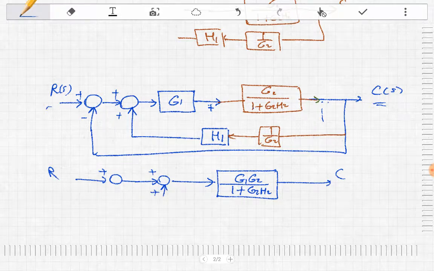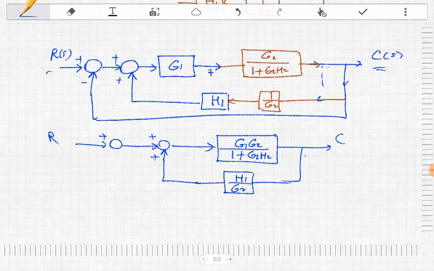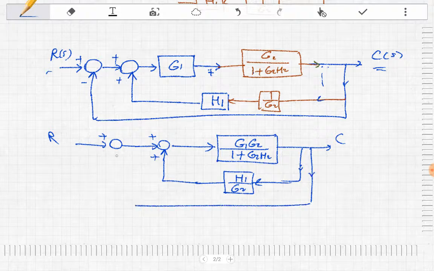And here you have also another series. So you got H1 over G2 coming from where? From C. Because all this is C, right? And then you have the last one. I'd like to sketch like that. I know where it's coming from, but it's the same, right? So I would say there's another one coming there and going to the negative here.